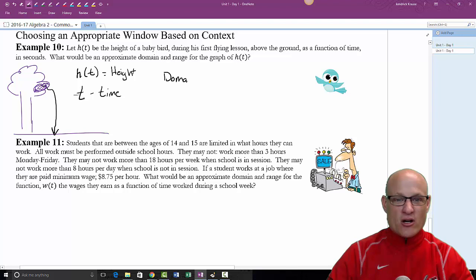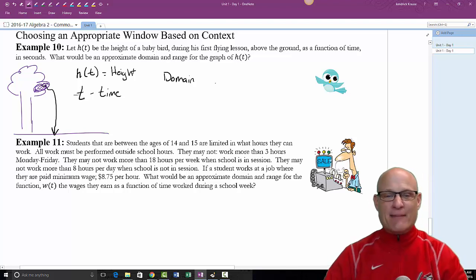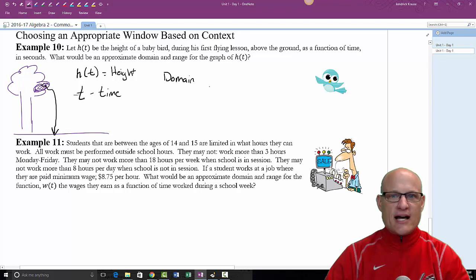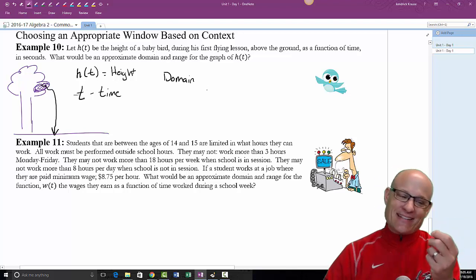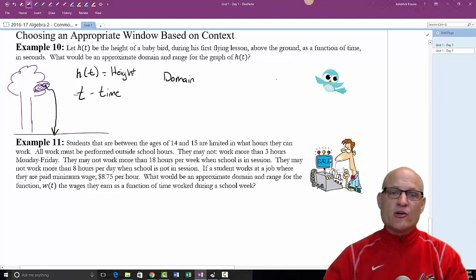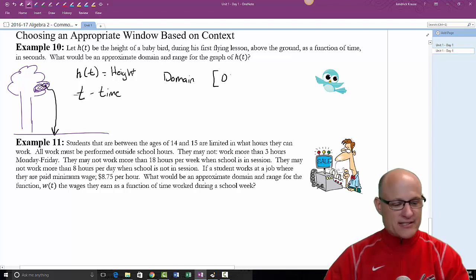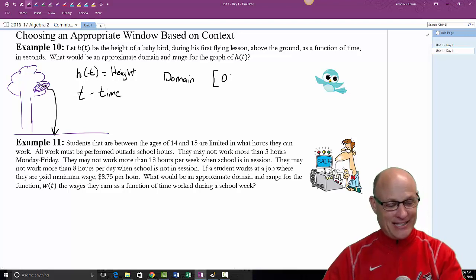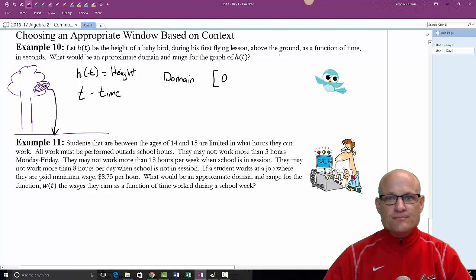Domain is our t values, or time. So what would be an appropriate time? At the very second it's about to take off, that would be 0 time. So 0 certainly would be our beginning. Now, what would be an appropriate time in seconds for a bird?